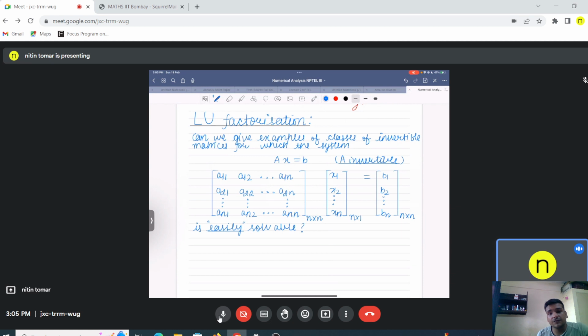By easily solvable, I mean, in the last class we saw that there are techniques, for example the row operations in the Gauss elimination method, to obtain a solution of the system. So the question is not whether or not this will have a solution, because since A is invertible, Ax equal to b has a solution.